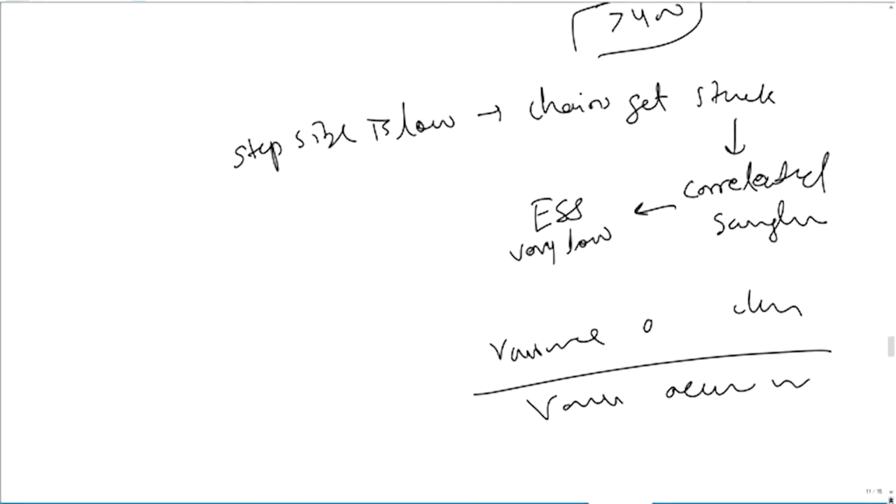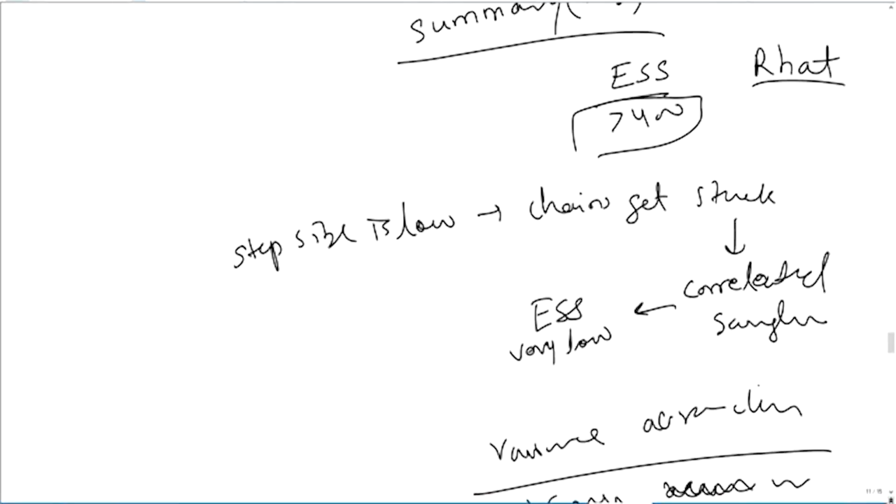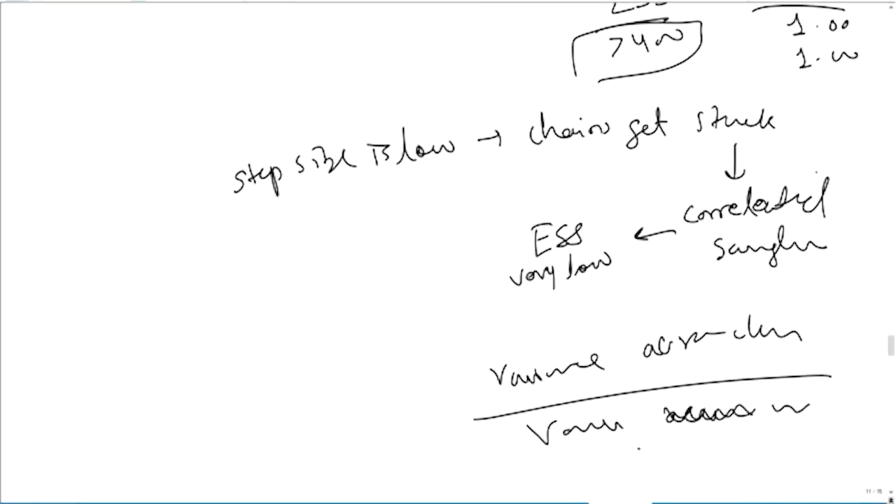It's variance across chains divided by variance within chains. Usually it will be around 1, so if everything is good, it will be around 1. But if R hat is too large, by too large I mean if it's, let's say, greater than 1.1, even that is a large value, then it could be the case that chains are not mixing well. Okay.